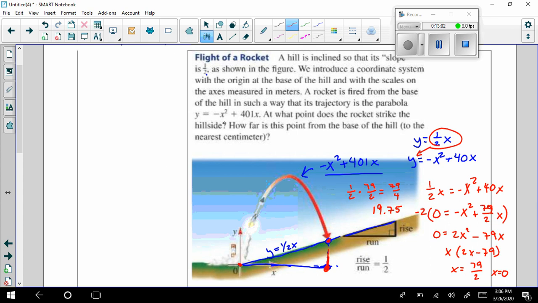And so the rocket strikes the hillside at an elevation of 19.75. I believe this was in meters. It says somewhere in here. Meters.